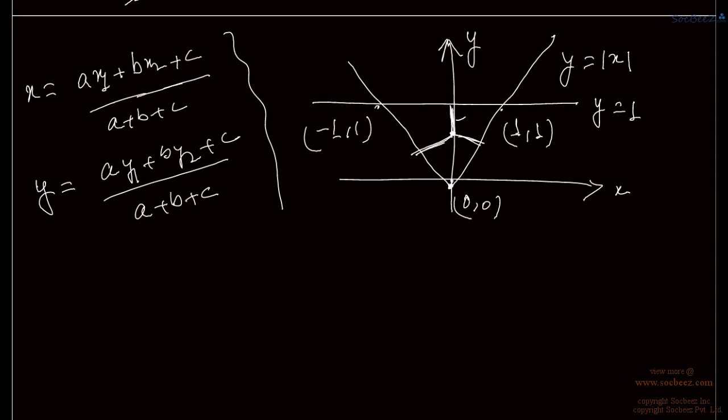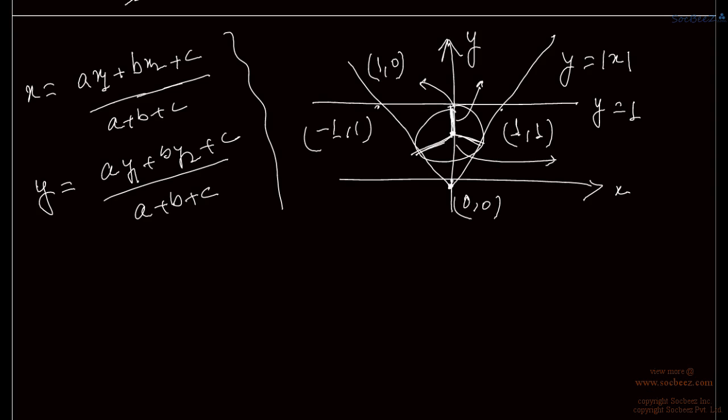So if we find the radius of this incircle, then we can know the coordinate of this point, since the coordinate of this point is 1 0.